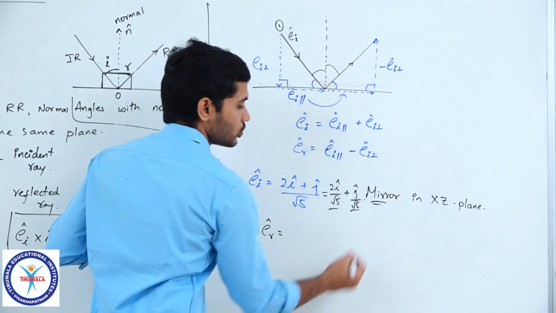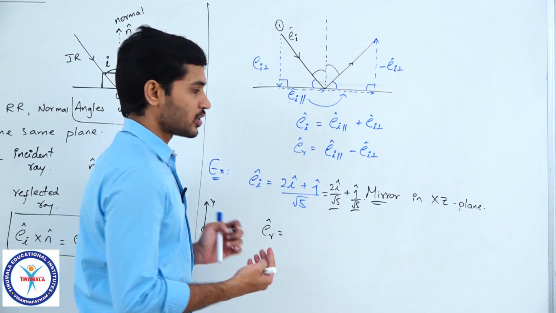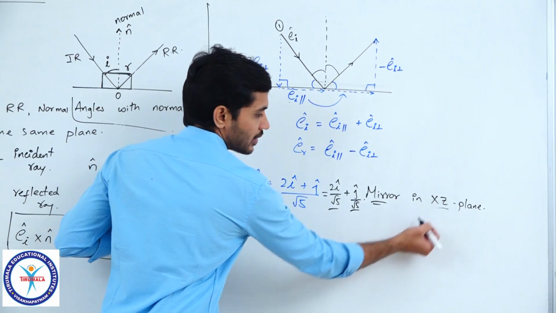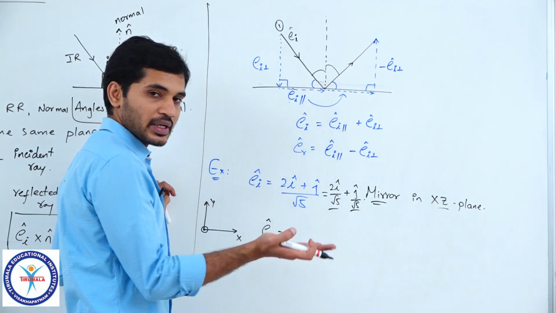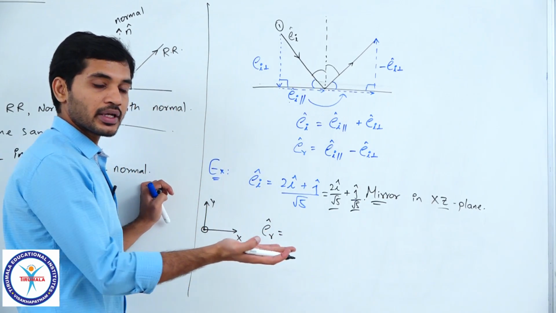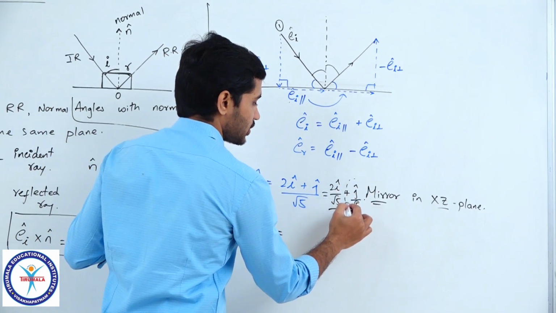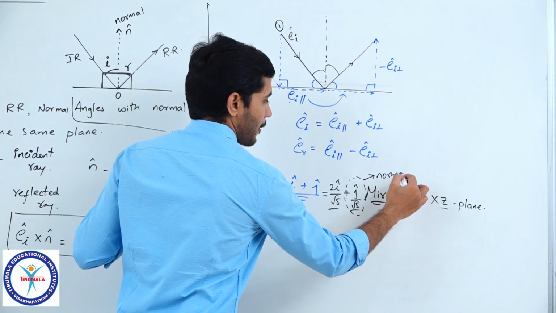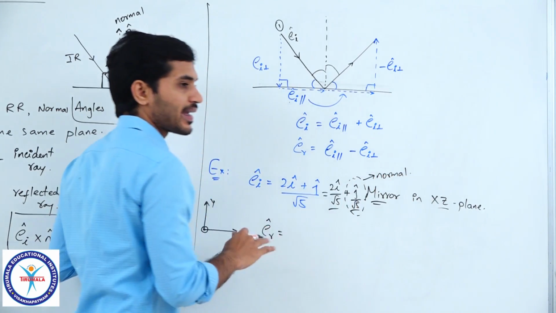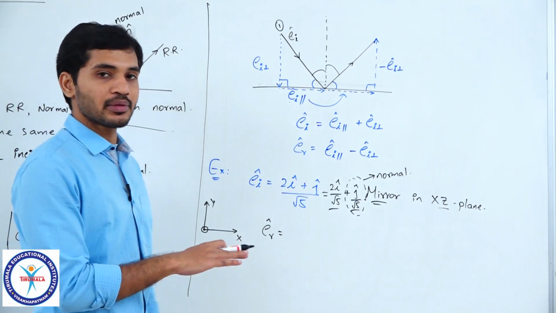Now, out of these two, which one is in the plane of the mirror, and which one is perpendicular to the plane of the mirror? Our mirror is in the xz plane, which means for this horizontal xz plane, the y axis will be the normal. So, all the i cap and k cap components, if present, will be in the plane of the mirror.